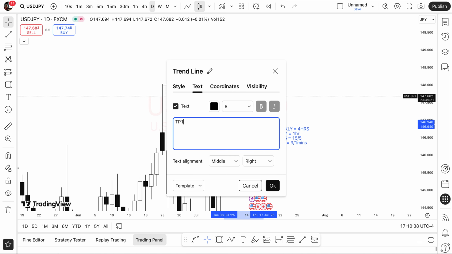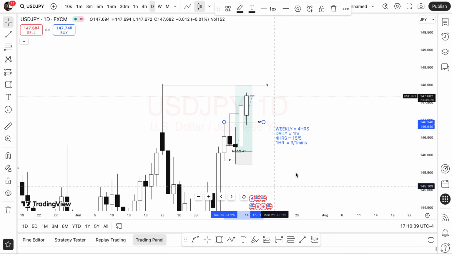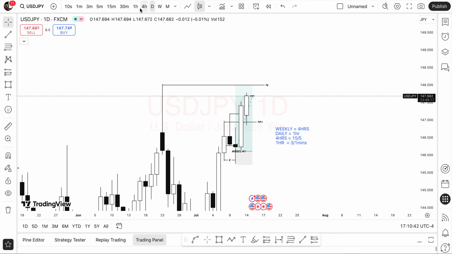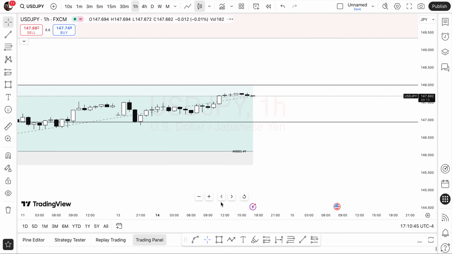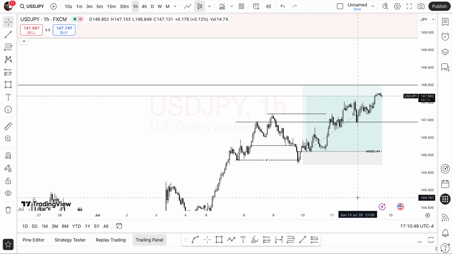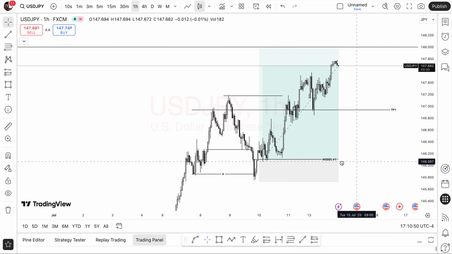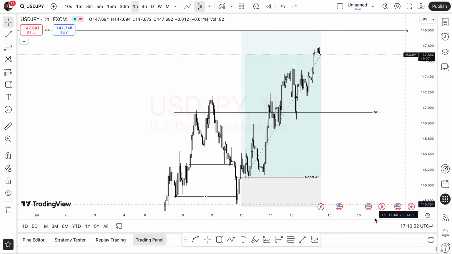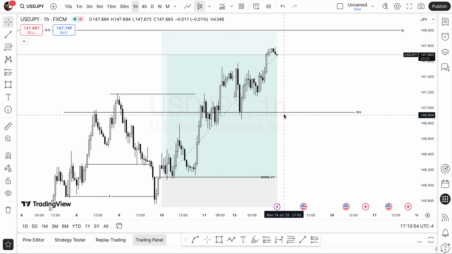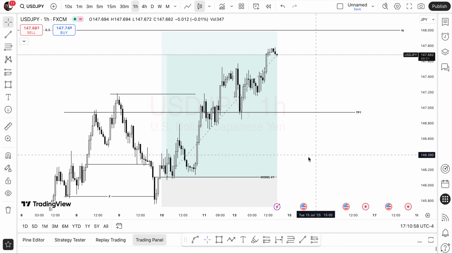TP1 should be here. Let me go back to 1 hour time frame. Our first TP should be here, and our second TP should be here. So this is just it on daily time frame.